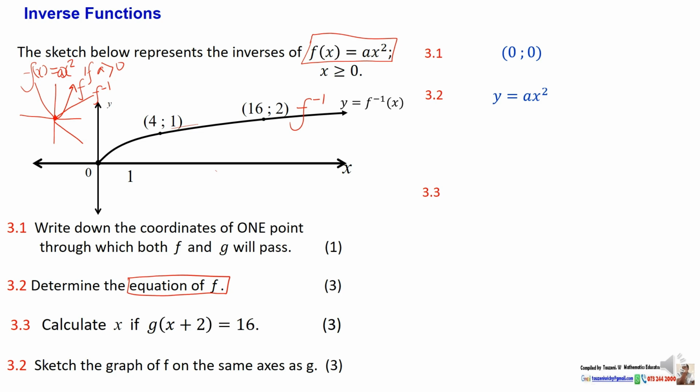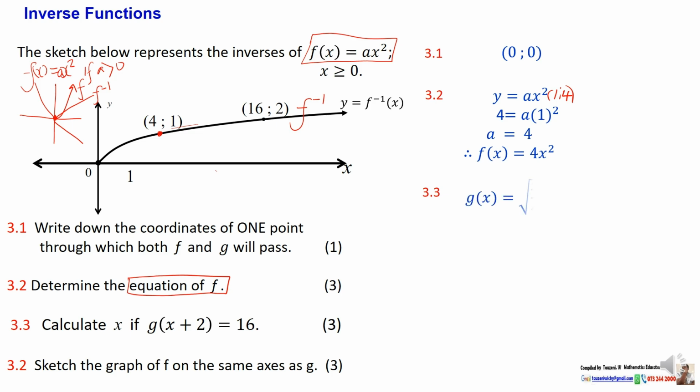If the inverse is passing through 4, 1, it means the original graph is passing through 1, 4. So in this equation of f, we can use the coordinates 1, 4 to calculate the value of a. So substitute, normal algebra. A is equal to 4, therefore f of x is equal to 4x squared.